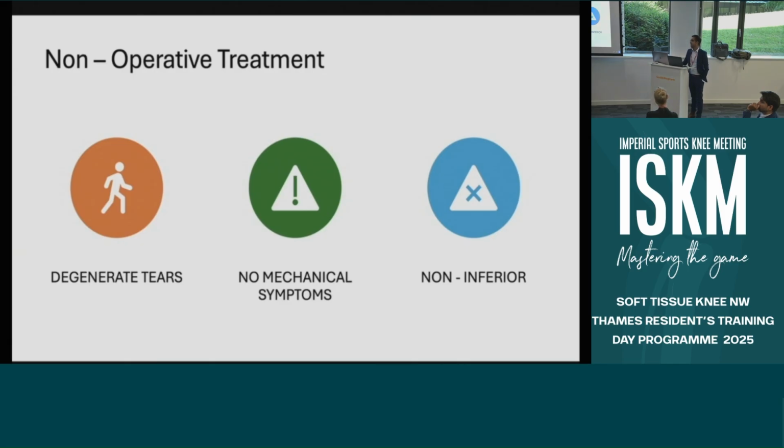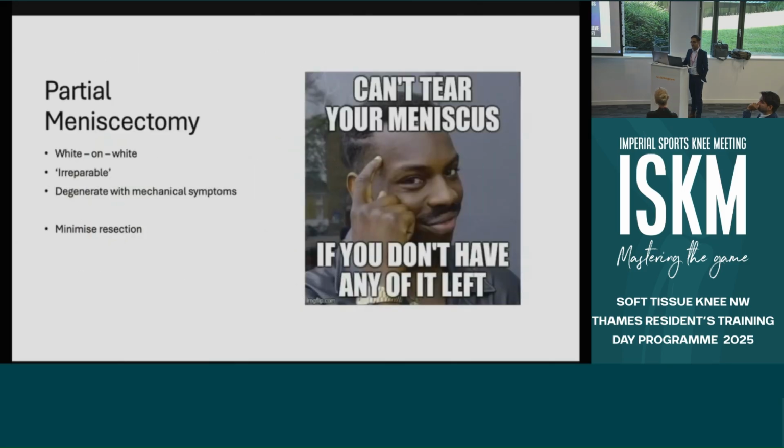But it is a very valid treatment modality in patients over 40. Everyone has slightly different algorithms. It depends a lot on patient expectations, smoking status, etc. You've got to think about whether they're white on white, whether they're irreparable in inverted commas, and you obviously want to minimise resection.